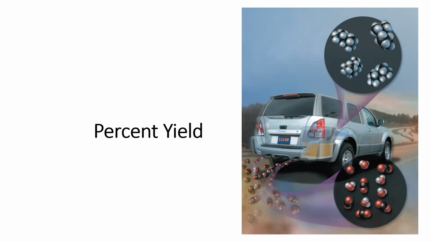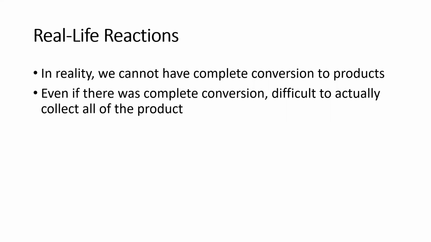ratio, a percentage. So in real life situations, we have to realize that not all of the reactants are converted completely to products. There's a lot of reasons for this incomplete conversion. You could have contamination, impure samples, side reactions, and just all around a lack of contact between the reactants.